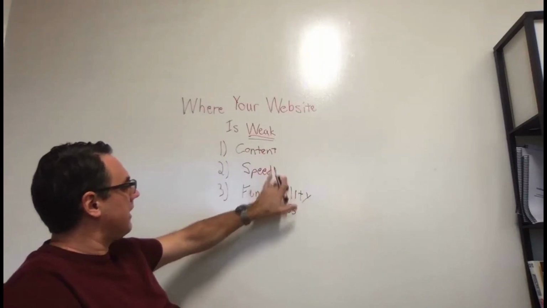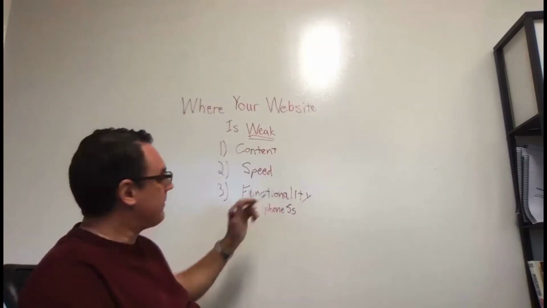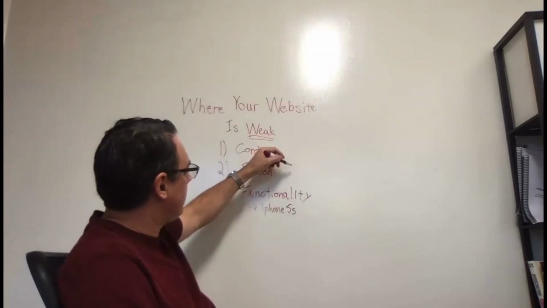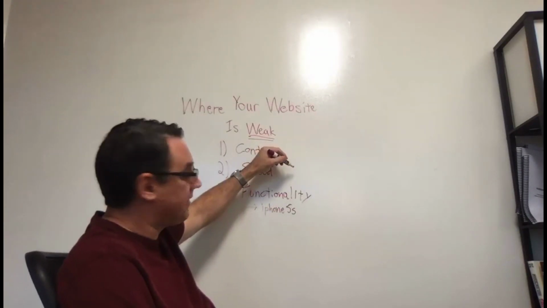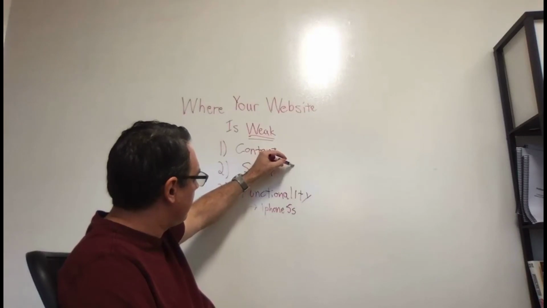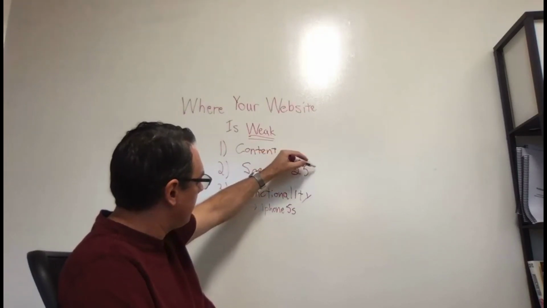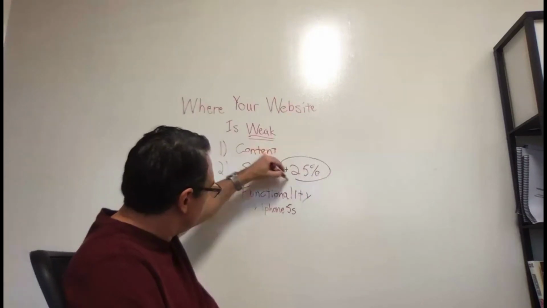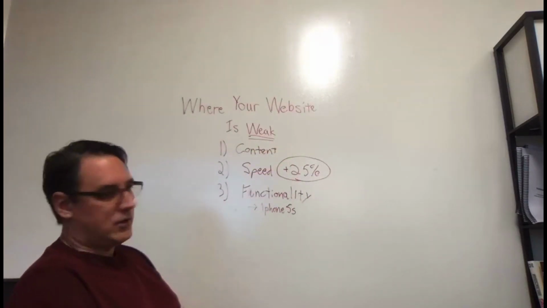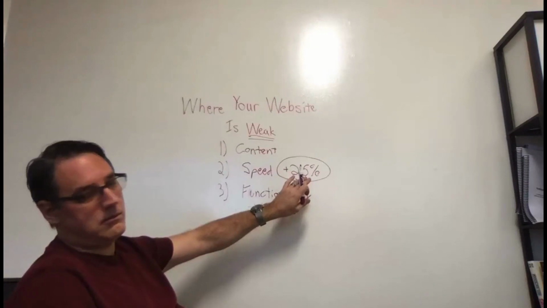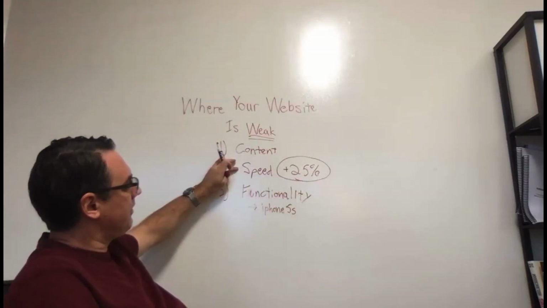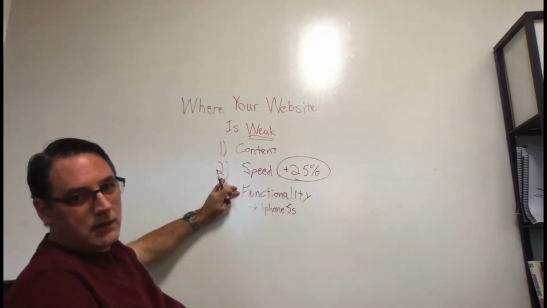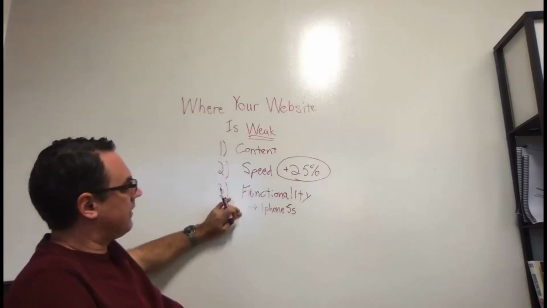In the majority of websites I audit, there is a bare minimum of 25% to be gained in conversions, minimum, by improving speed and improving functionality across your devices.